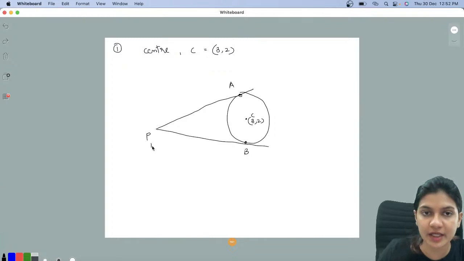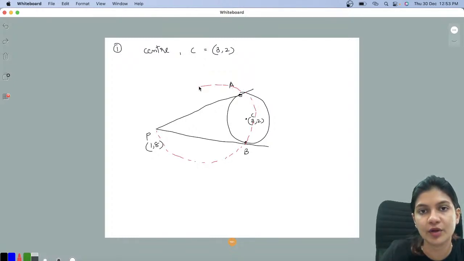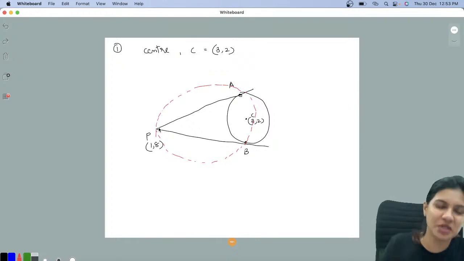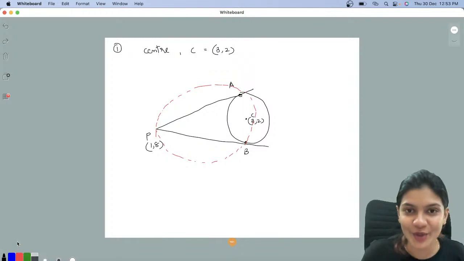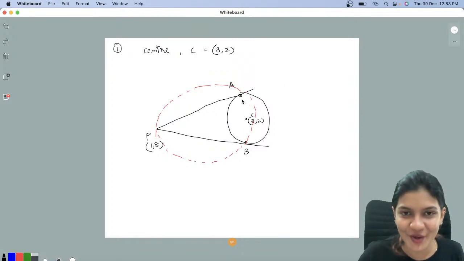And what is the point P? (1, 8). The circumcircle of this triangle PAB means the circle touching all three points. So, this should be a proper circle, obviously.